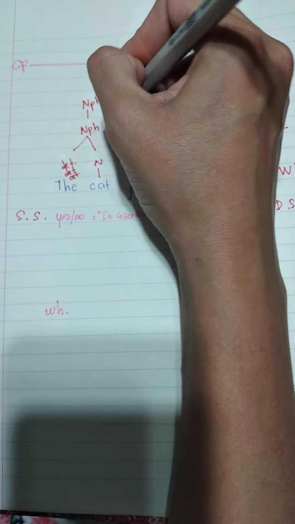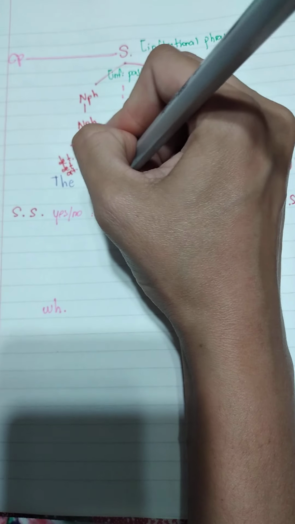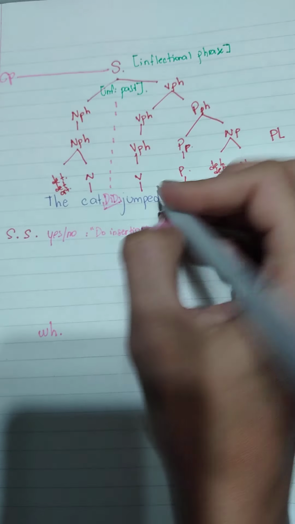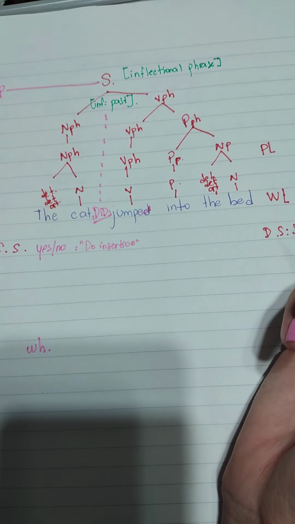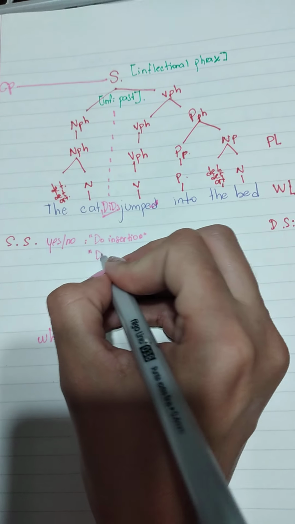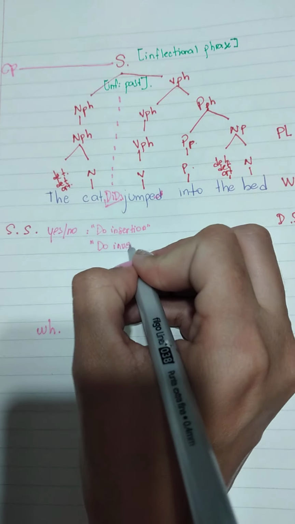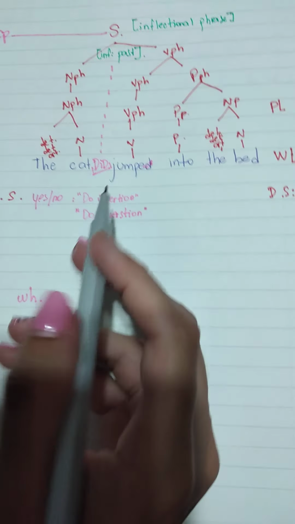We insert here the auxiliary verb did, and we erase the -ed. The second movement that we are going to do is the do inversion. What does that mean?